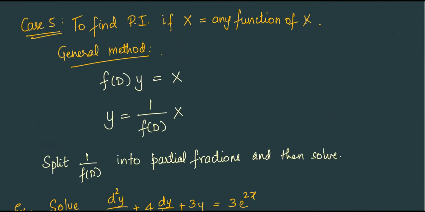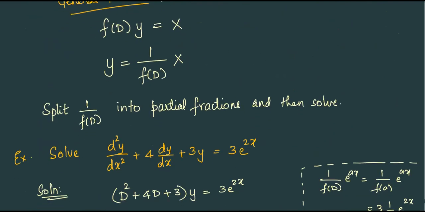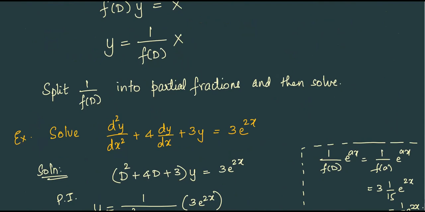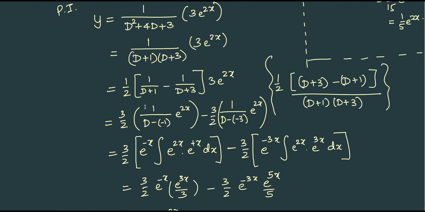And if X is any function, then we have to resolve into partial fractions, and use the result: 1 by D minus a of capital X is e power ax times the integral of capital X into e power minus ax.